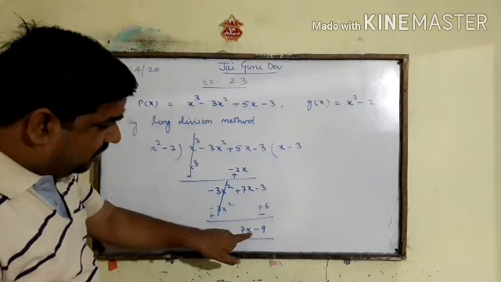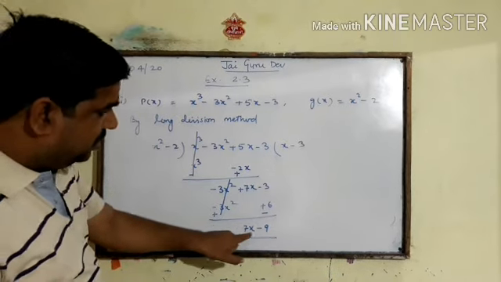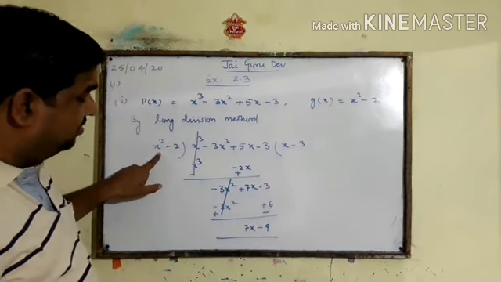Since the degree of this remaining expression is less than the degree of the divisor, this is the remainder. This is in algebraic terms, so it is a polynomial.